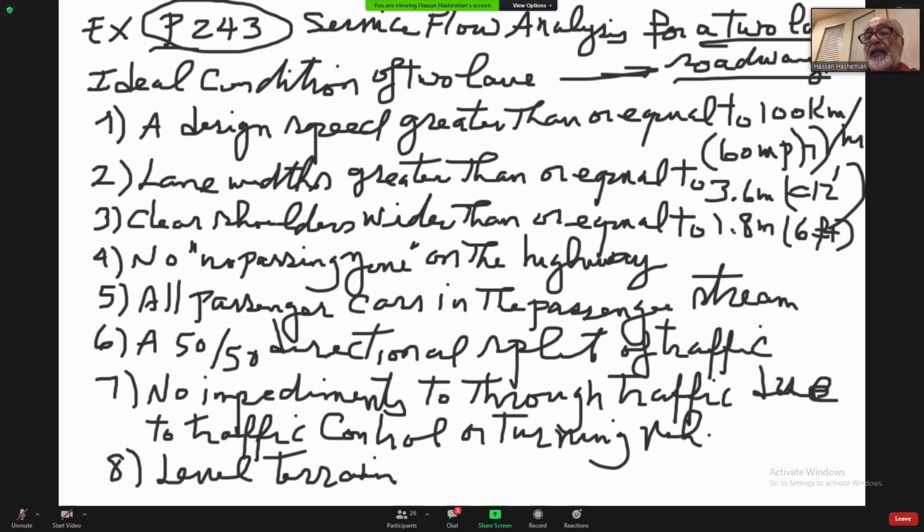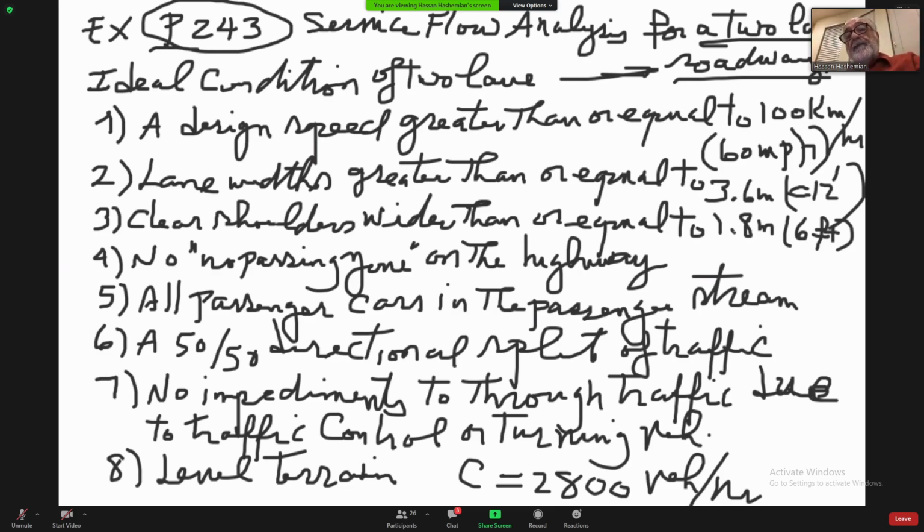So when you have an ideal condition, we assume that the capacity is going to be 2,800 passenger cars per hour in both directions. And these are passenger cars, no trucks, no buses, as I said in the ideal condition.